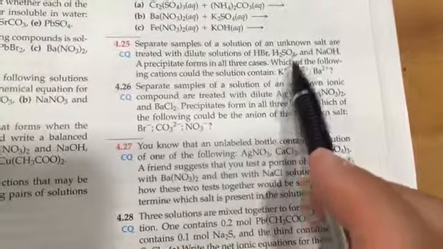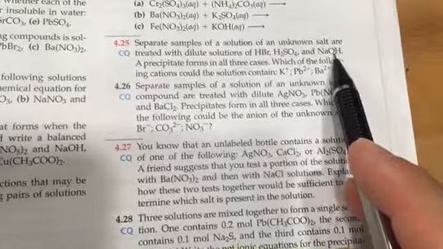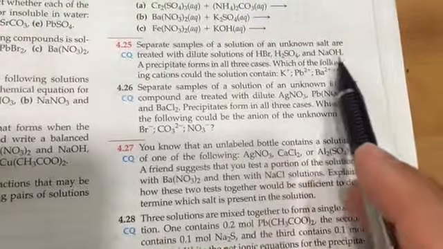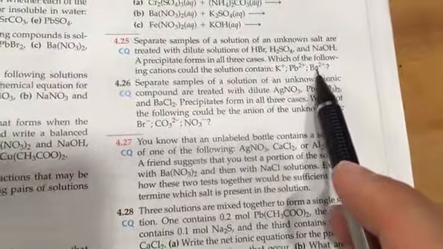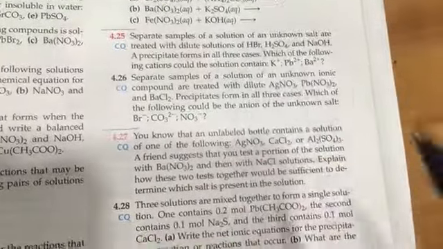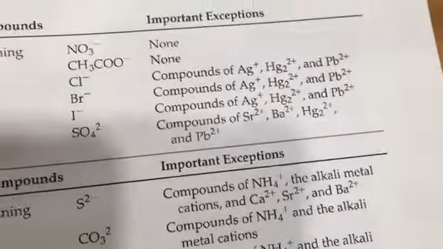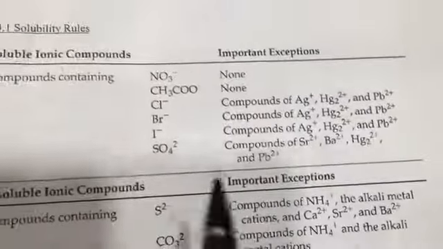KBr, K2SO4, and KOH are all soluble. A precipitate would not form in any of those circumstances. With barium, BaBr2, barium is soluble.